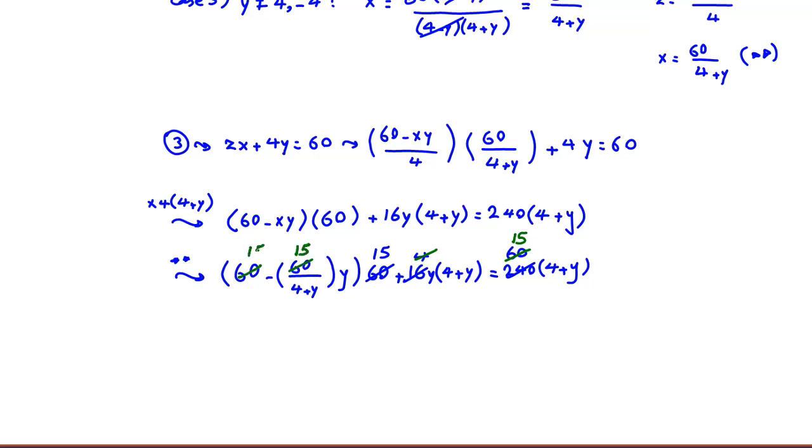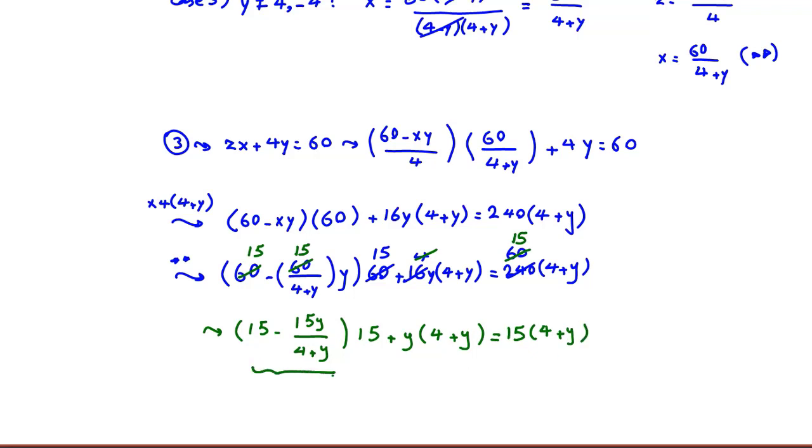So it will be 15 minus 15y over (4 plus y) times 15 plus y times (4 plus y) equal to 15 times (4 plus y).